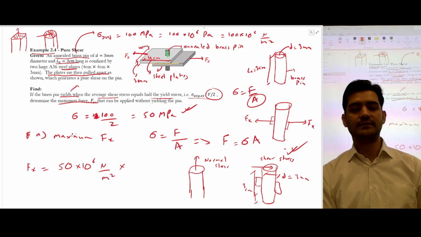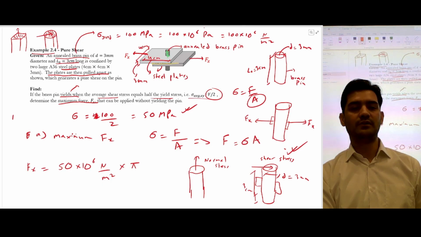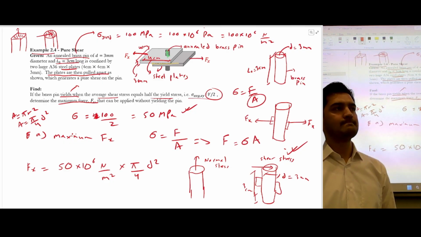So what is the area of a circle? It's pi r square or pi by 4 d square. So I'm going to put pi by 4 d square. There are so many other dimensions given to confuse you, but you have to use the diameter.